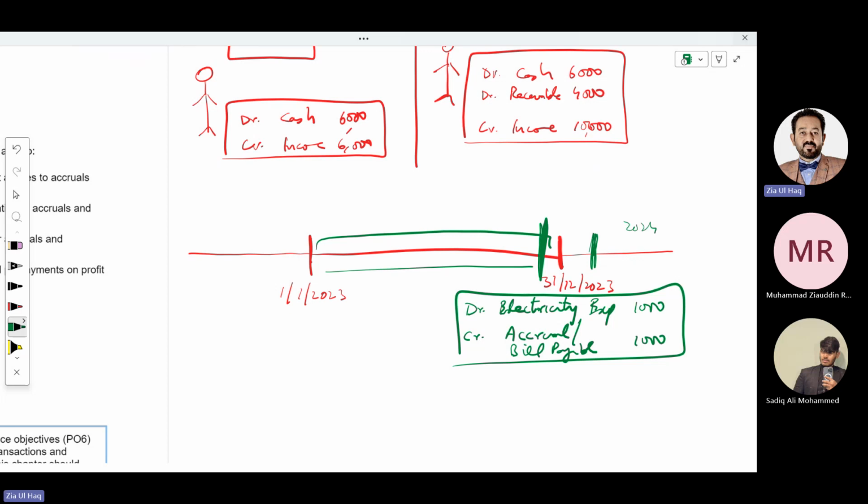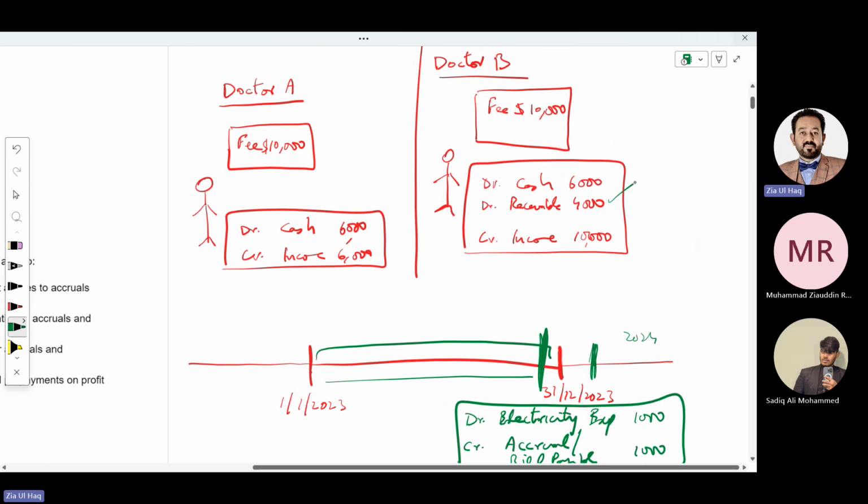Meaning the benefit we have gained in the current year, but we're going to pay in future. The things relating to the current year, but we're going to pay or receive in future, will be called receivables or accruals. Instead of receivables here, we can record accruals.